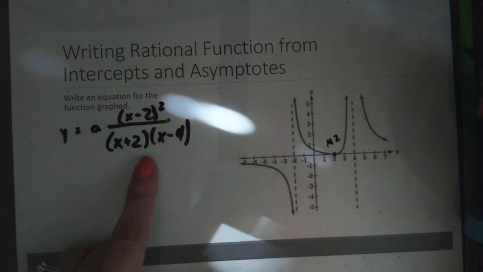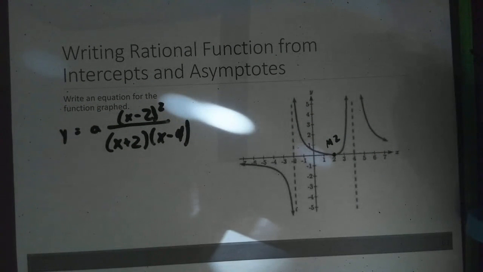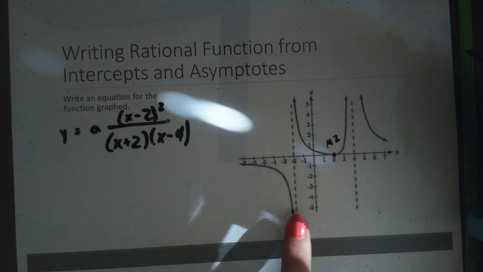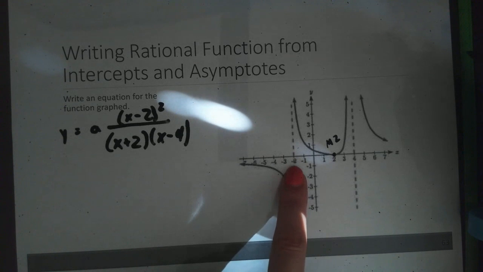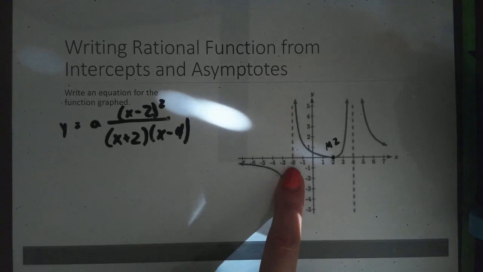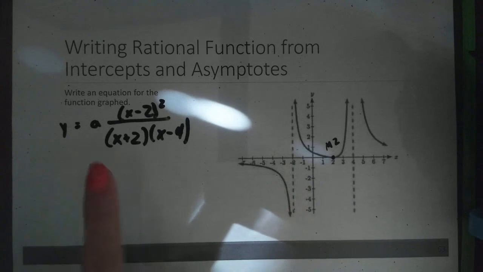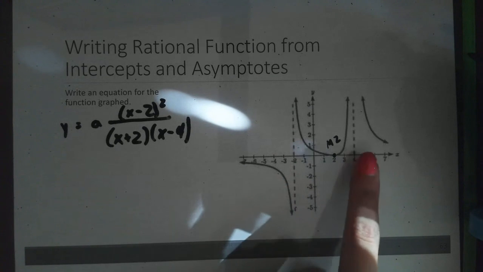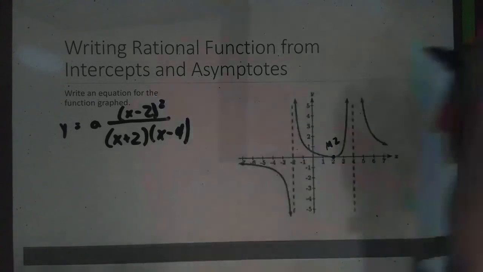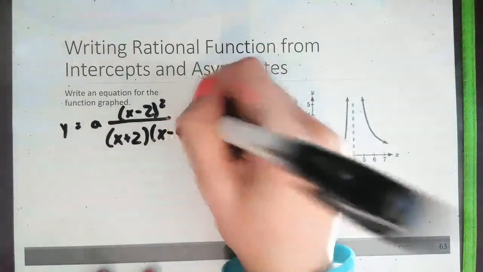We're going to let them be 1 if we go towards positive infinity on one side and negative infinity on the other. We're going to let the power be 2 if they go in the same direction. So it looks like they go towards opposite infinities at negative 2. That means we need to have an odd power, so we can use 1. Whereas at x equals 4, they both go towards positive infinity, and if they go to the same infinity, we need to square it.